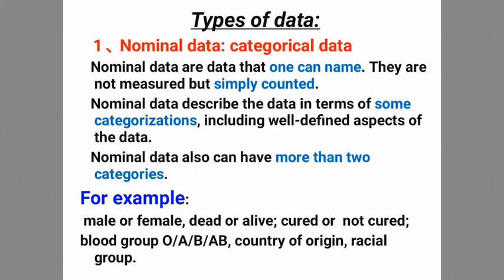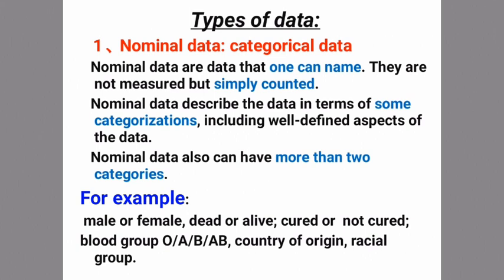We count out the number of students of female and male. So it is the nominal data. Because the value of a variable is marked by categories, the nominal data is also called categorical data.